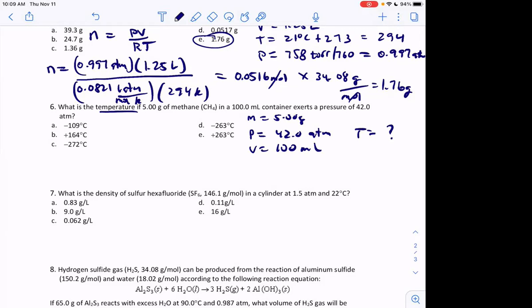So I should be able to convert to moles and then use PV equals nRT pretty simply, right? I need the molar mass of methane: carbon at 12 and hydrogen 4 is 16. Okay, so we can use that and just say 5 grams divided by 16 grams per mole. What do we get there? What is it again? 0.3125.